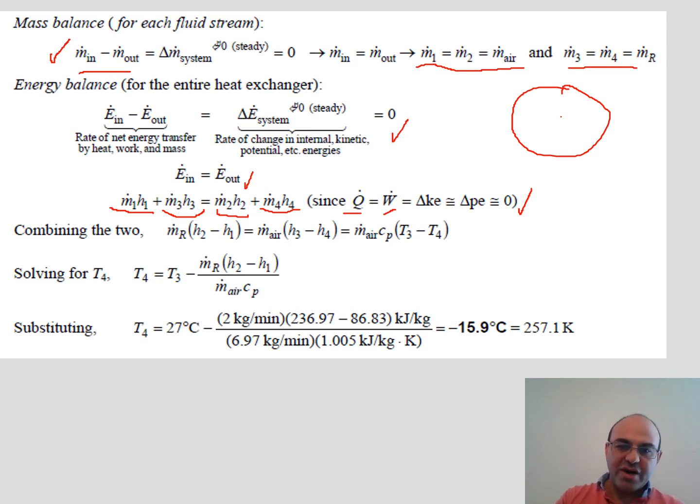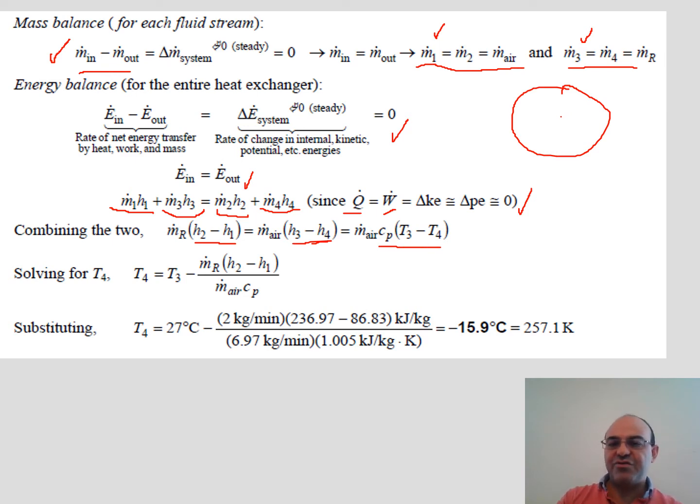So if we go ahead and instead of m dot 1 and m dot 4, we write m dot r, and instead of m dot 3 and m dot 2, we write m dot air, then we will have this equation: m dot refrigerant times H2 minus H1, which were found, and for air, H3 minus H4, by approximation, we can write it as Cp times T3 minus T4.